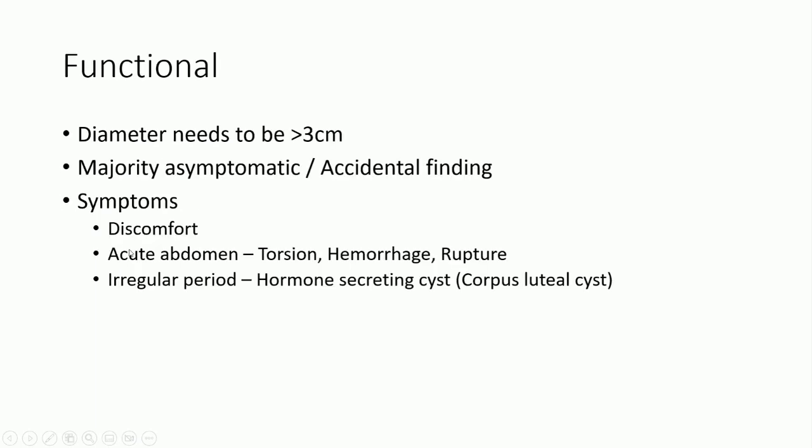Okay. We will have some idea regarding the functional tumor. If you want to call a tumor a functional tumor of the ovary, the diameter of the tumor should be more than 3 centimeters. Less than 3 centimeters, we don't consider it a tumor.